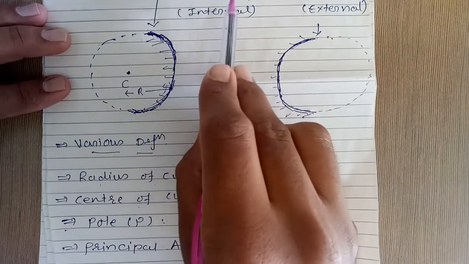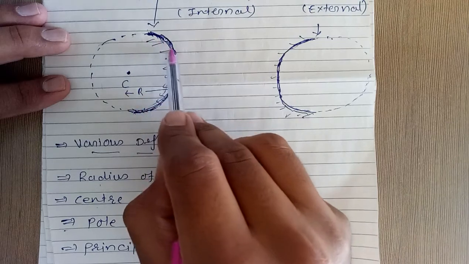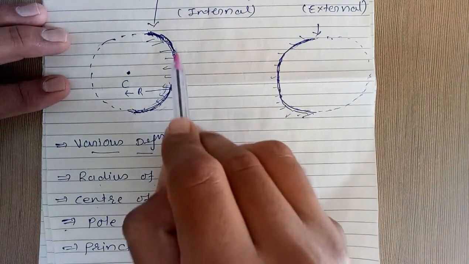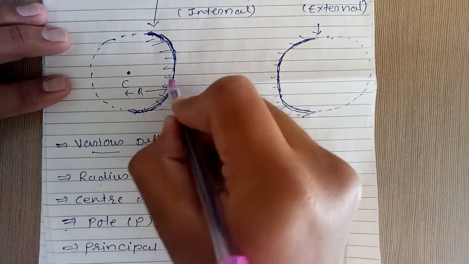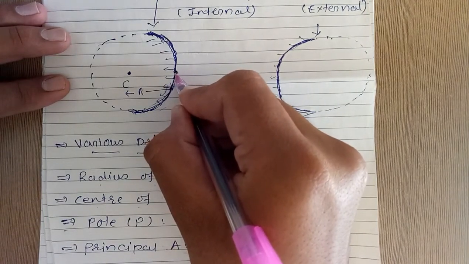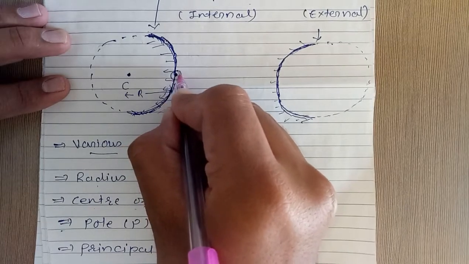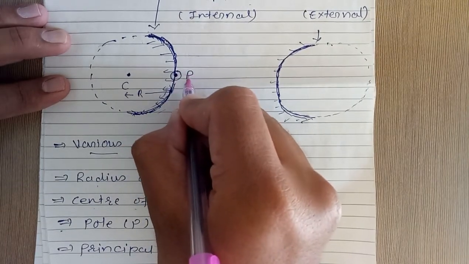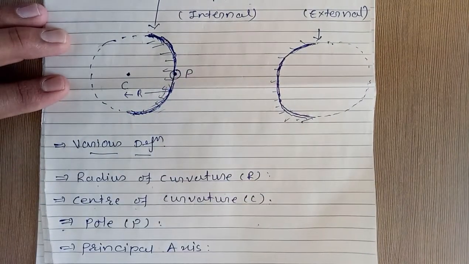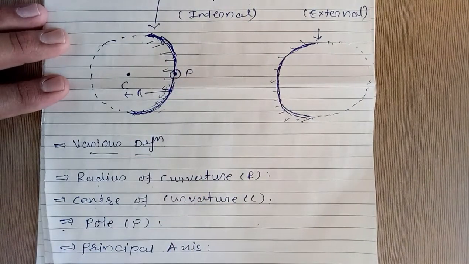So here for the concave mirror, this is our reflecting surface. This is the center of the reflecting surface. This point is known as our pole, which is the center of the reflecting surface.